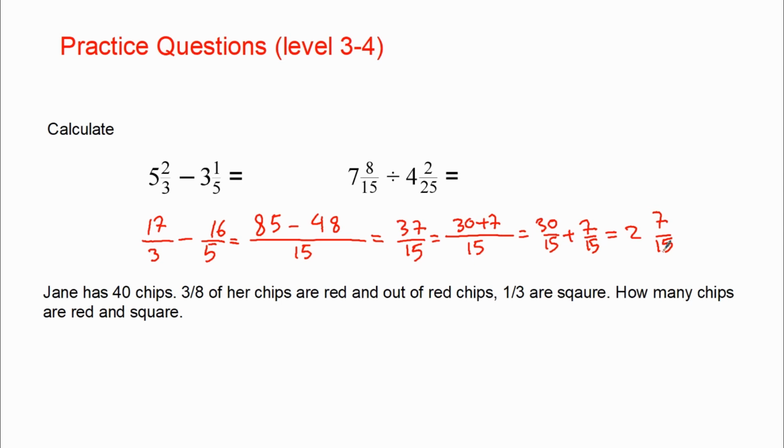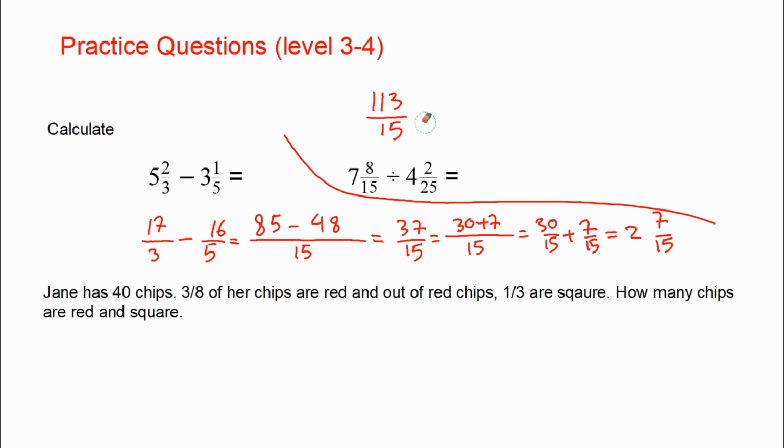Now, for this second one in here, again, we need to convert them to fractions. 7 times 15 is 105, plus 8 is 113, divided by 15. Sorry, just first of all, it's not times.